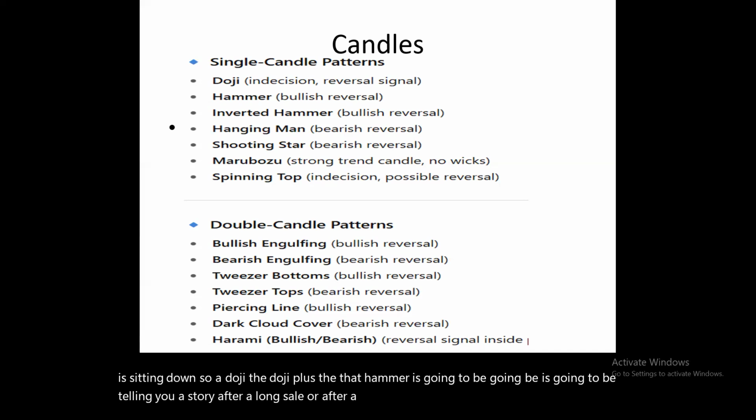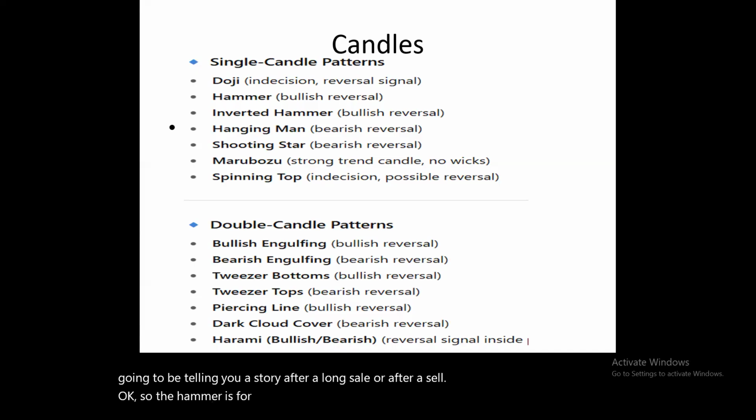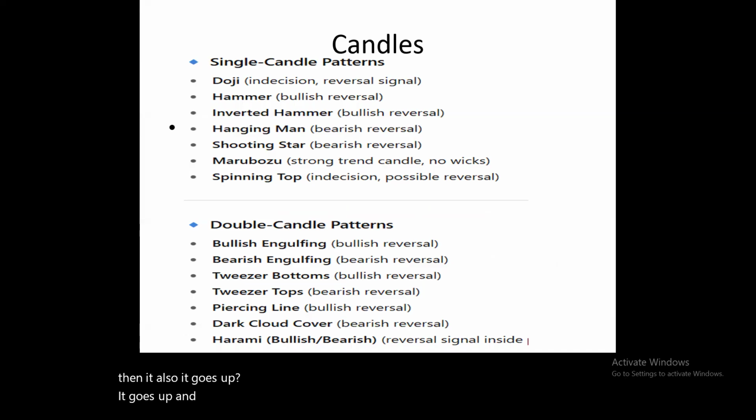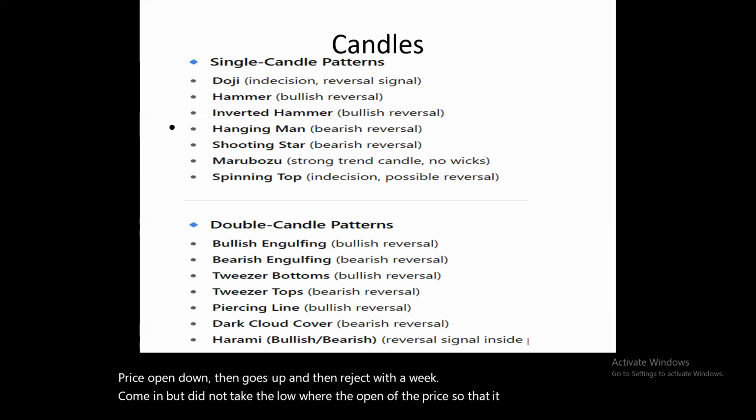So the hammer is for reversal. And when the market has been buying and goes up, you see that price opens down, then goes up and then is rejected with a wick coming, but did not take the low where the price opened, so it gives you a wick down.